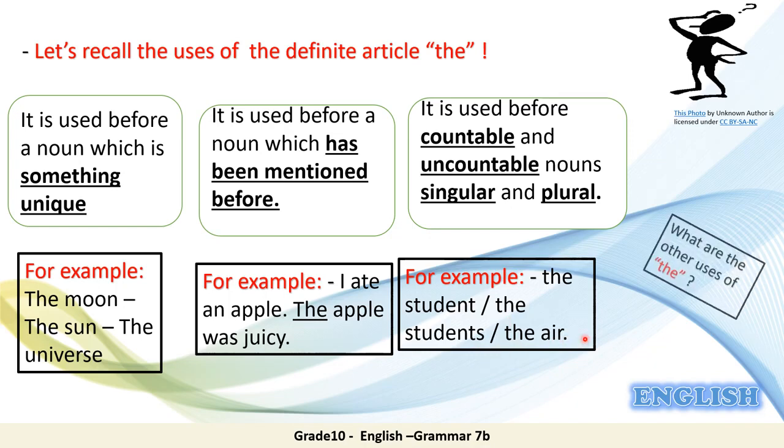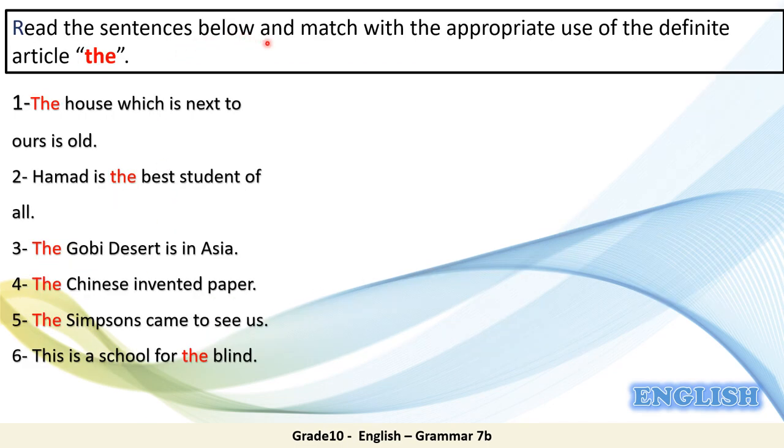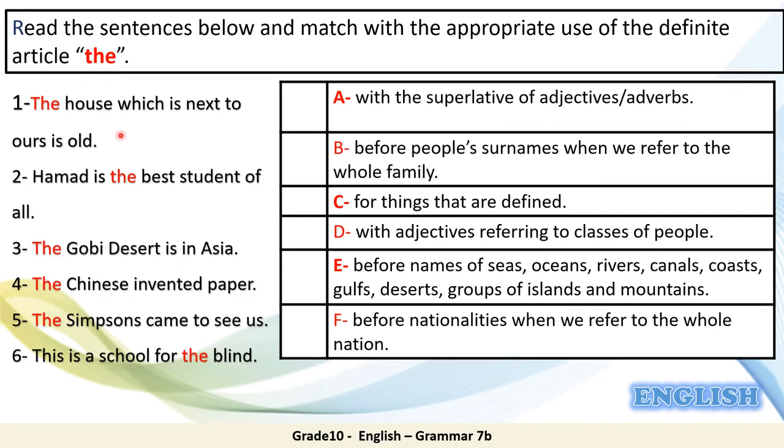Now, let's find out more uses for the word the. What are the other uses of the? Let's find out together. Read the sentences below and match with the appropriate use of the definite article the. Here you have some sentences and the use of each case.